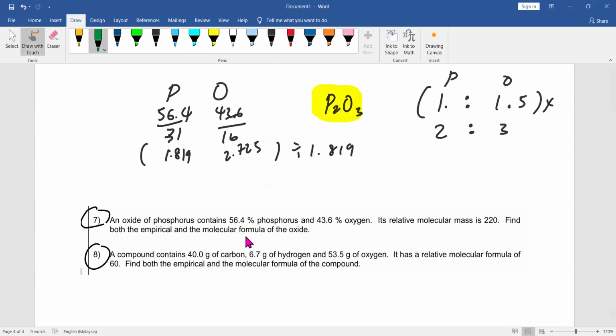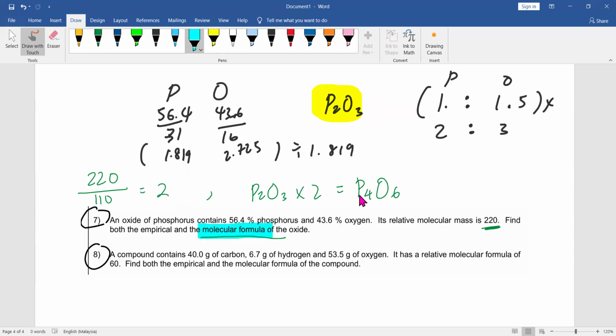All right, so they give you 220. So 220 over P2O3, which is 31 times 2 plus 16 times 3, is 110. It equals 2. So P2O3 times 2 equals P4O6. So this one is the molecular formula, and this P2O3 is the empirical formula.